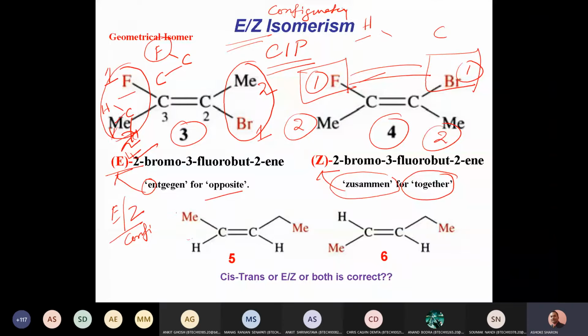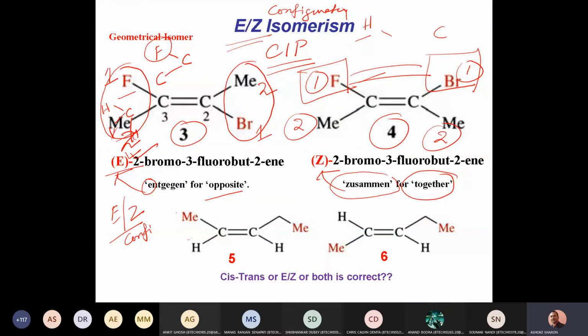Okay, and what about 6, is 6 E or Z? So 5 is cis and 6 is trans, or I say 5 is Z and 6 is E. Of course, we can say both. So you are all absolutely correct. We can call it cis also, we can call it Z also.